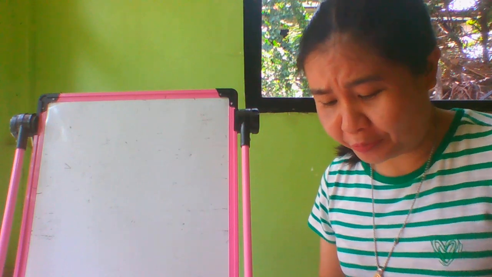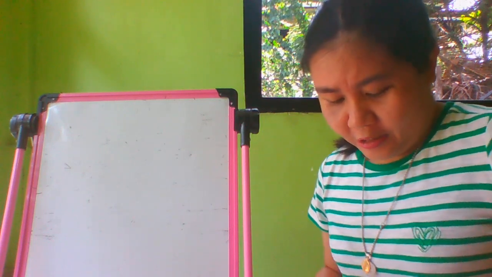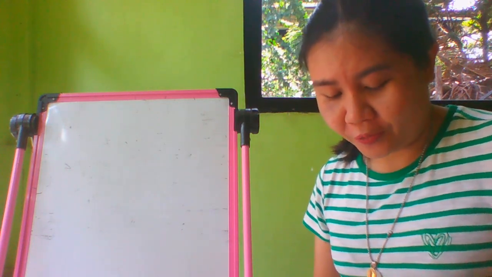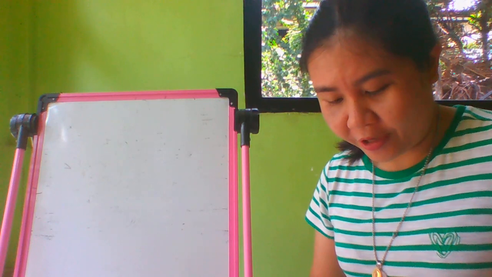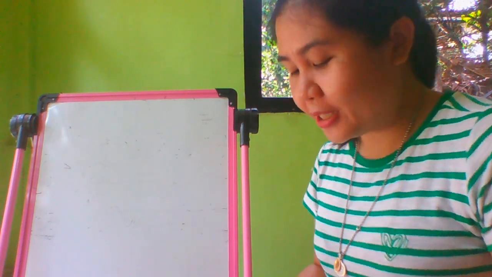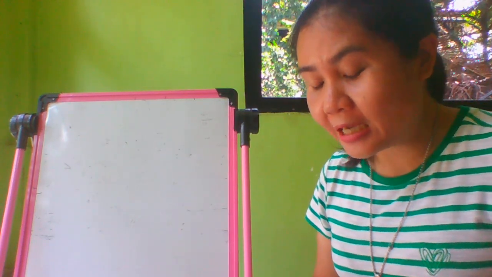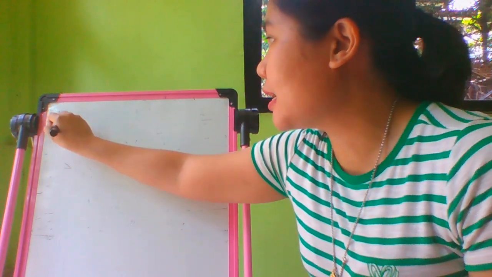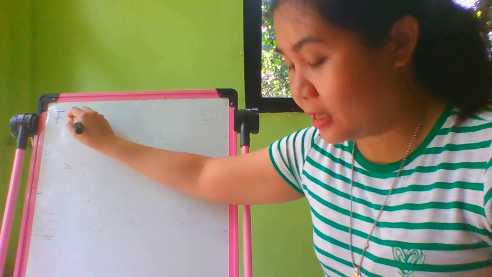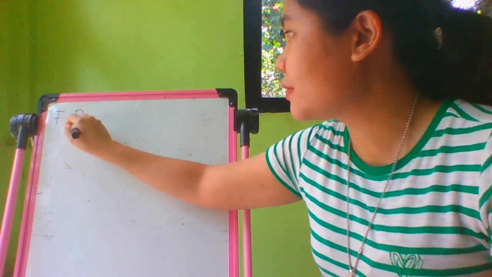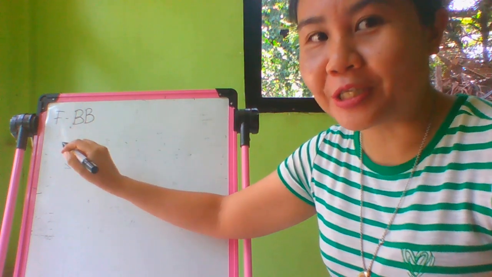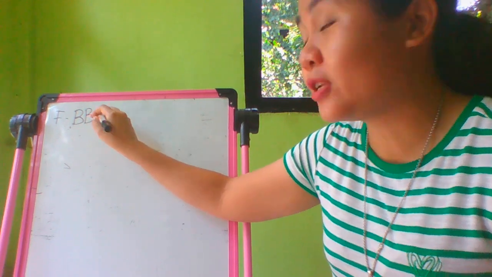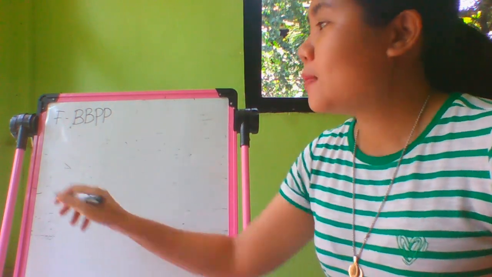I have here my really old notebook that I used for my notes for this one. So we have an example. Our example here is a black polled Angus cow. The female this time is a homozygous black Angus cow, and mostly Angus are actually polled, they don't have horns.